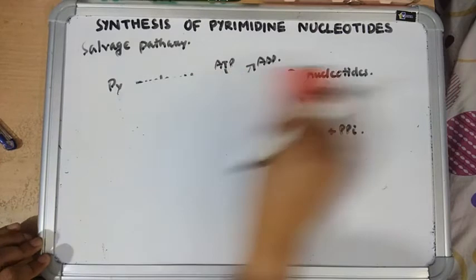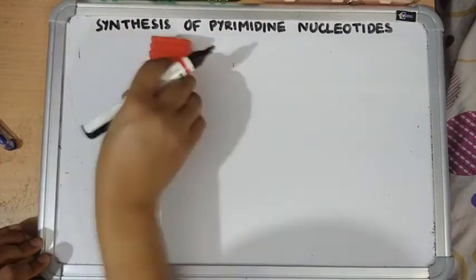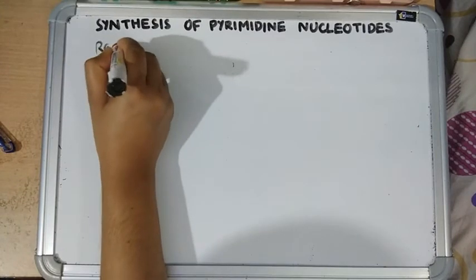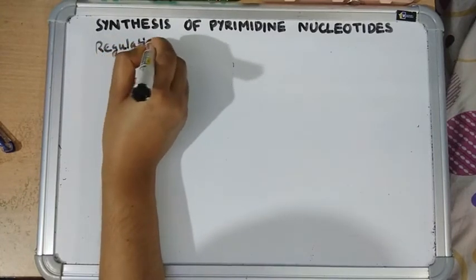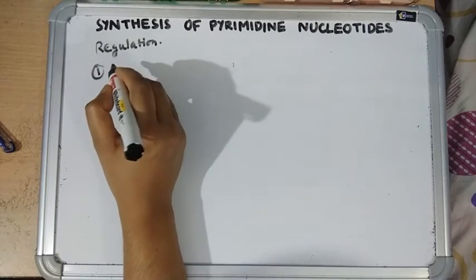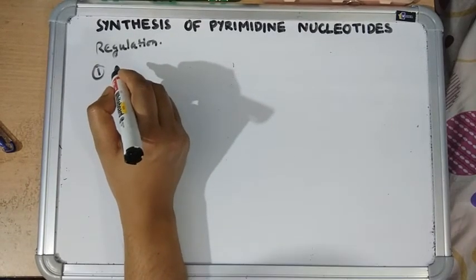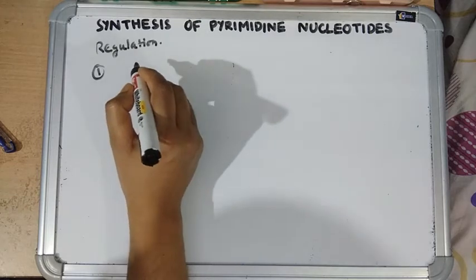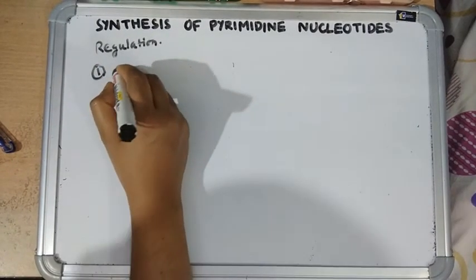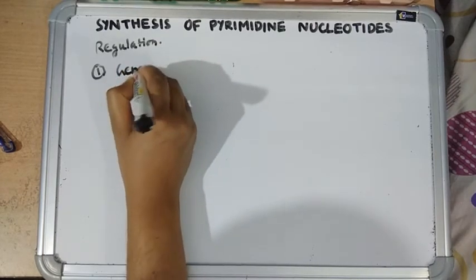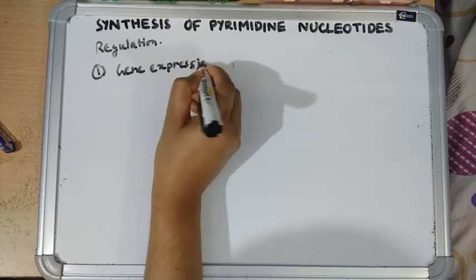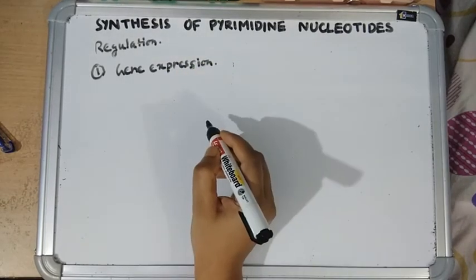Now regulation of pyrimidine synthesis. It is regulated in two ways. Number one is by gene expression, and number two is by enzyme activity. By regulating the gene expression, it can be regulated.